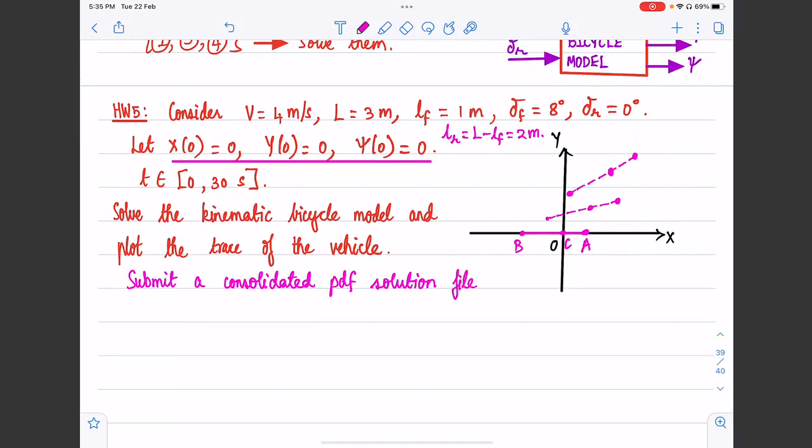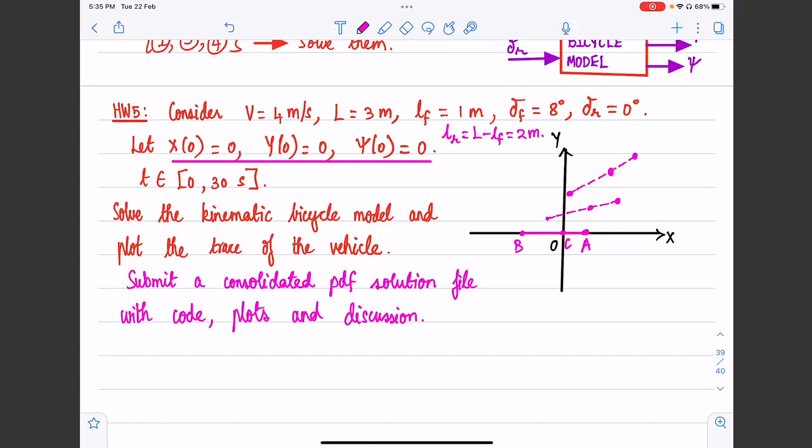Solution 5 should contain the code, the corresponding simulation plots, and the discussion, including your comments. Please submit it as a consolidated file. So this is your homework number 5. Is it clear what the problem statement is and what I expect you to do? Any questions on homework number 5?